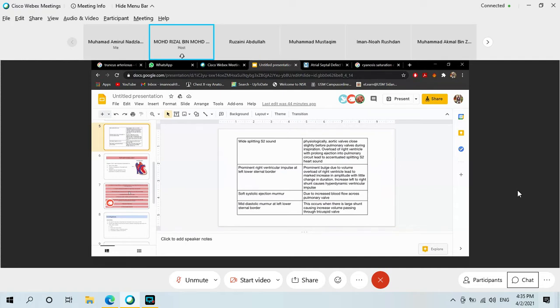I tahu the notes in front of you. Bacalah dulu sebelum jawab. So, ejection aortic stenosis dan? Yes, Doctor. Aortic stenosis dan? And mitral stenosis, pulmonary stenosis, aortic stenosis. Aortic stenosis and? Pulmonary stenosis.